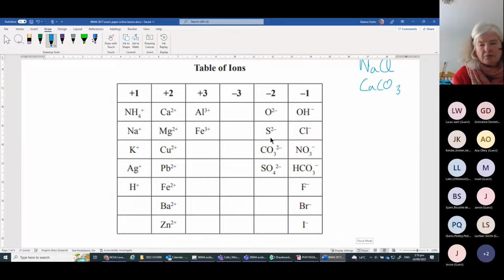Now, a way to remember, because sometimes students get confused, they go, oh, what is this thing, and so on. If you've got what we call a polyatomic ion, so you've got 2 elements in here. You can see I've got a C and an O, so they're both capital letters, so it's 2 elements.